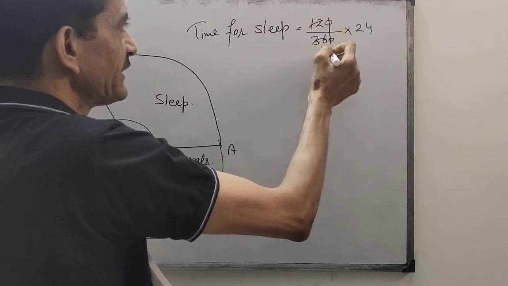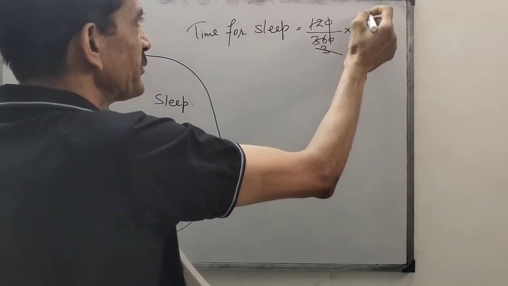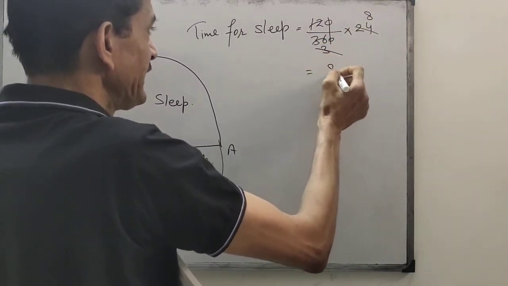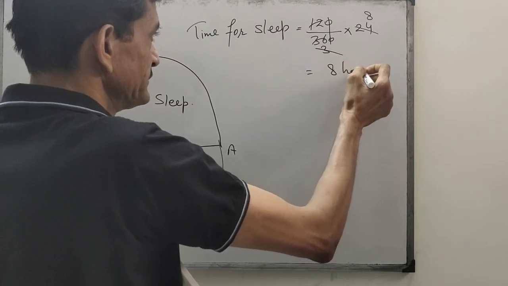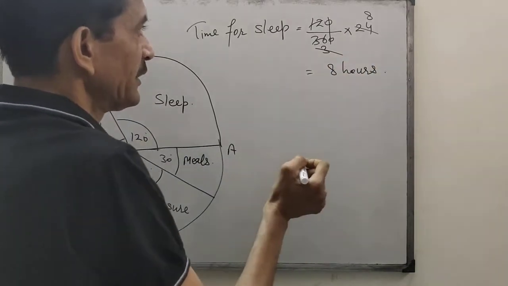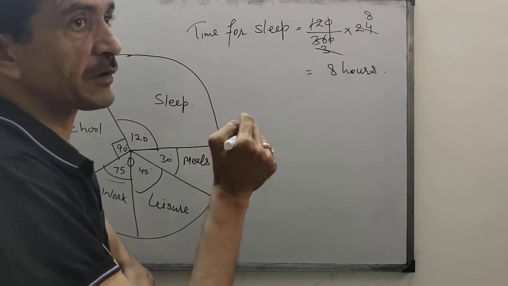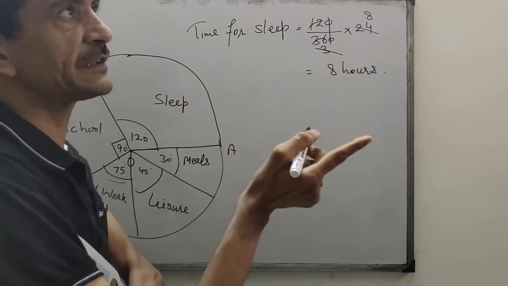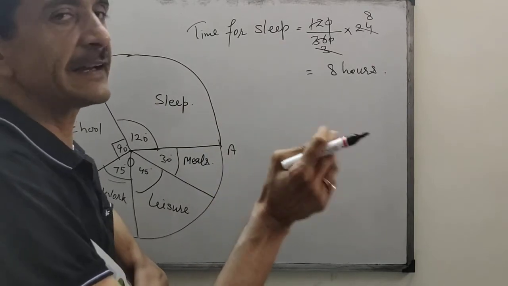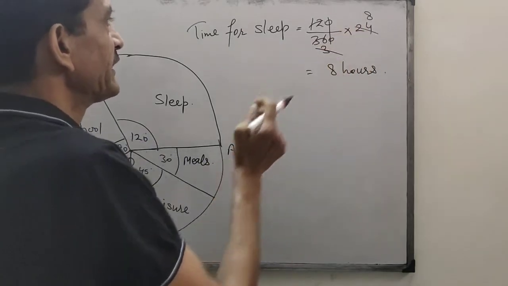It is 8 hours. Total time is given as 24 hours. If total time is given, suppose 12 hours, then use that here.